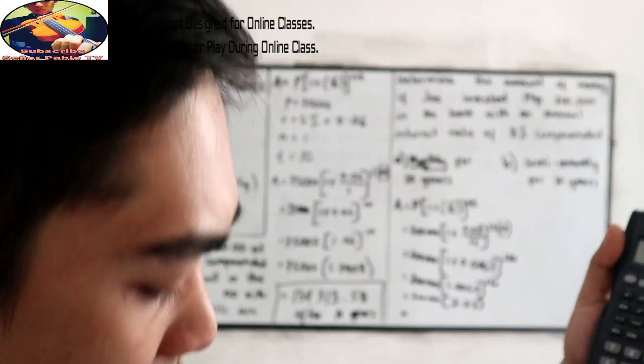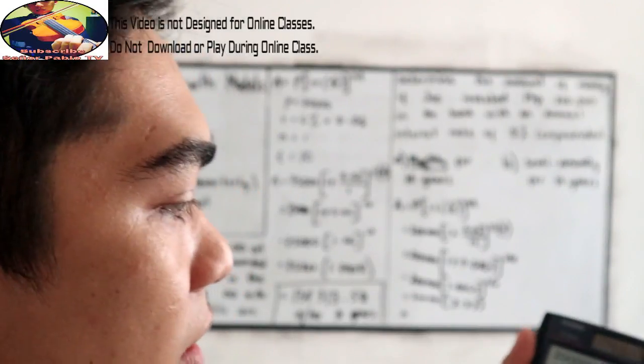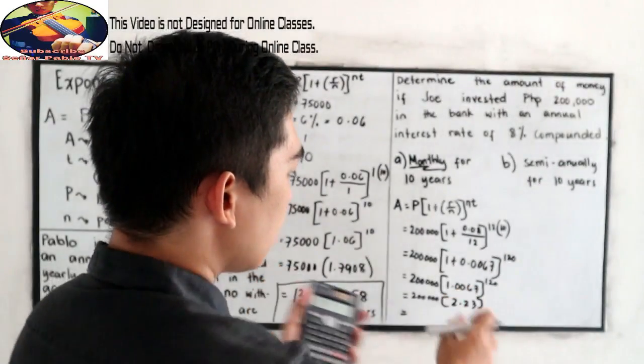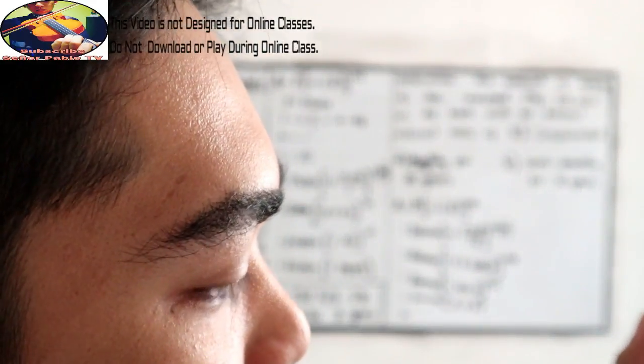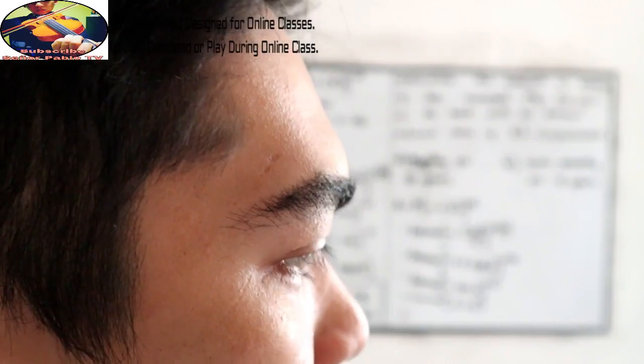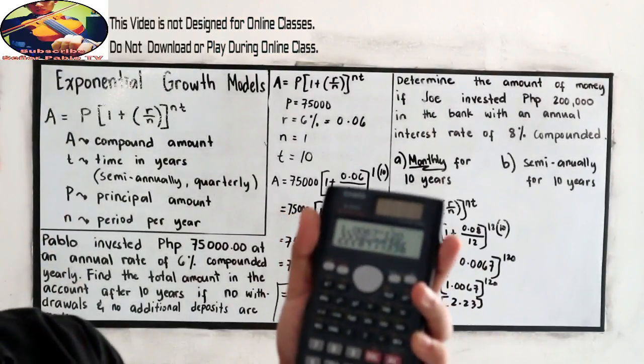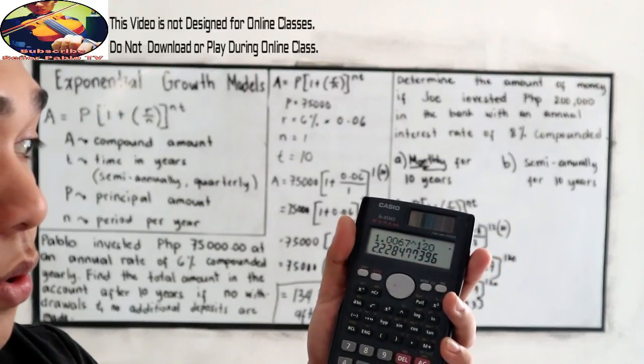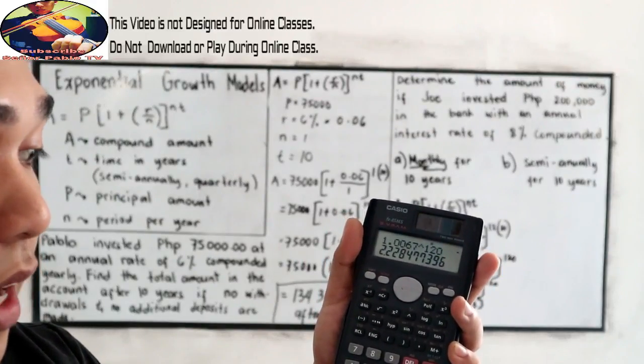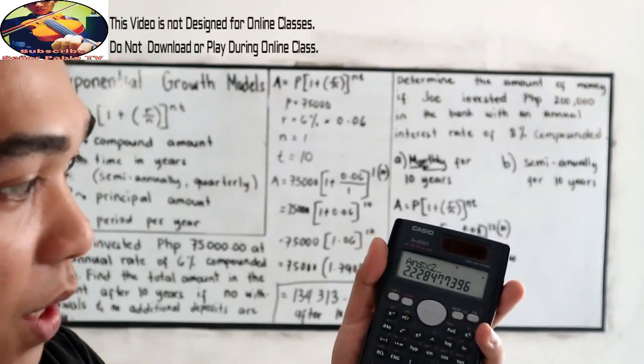So, okay, 1.0067 raised to 120, equal sign, then just multiply it by 200,000.